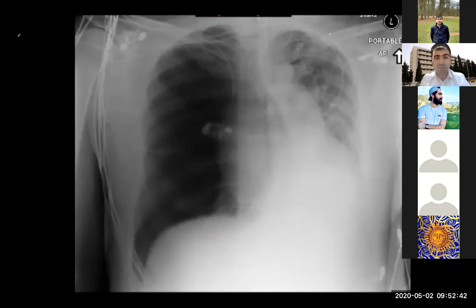And for the bone, there's no pathology in the bone. And the cardiac is not marked. We couldn't see the cardiac shadow.